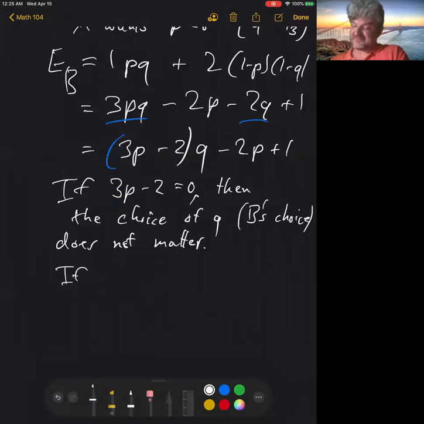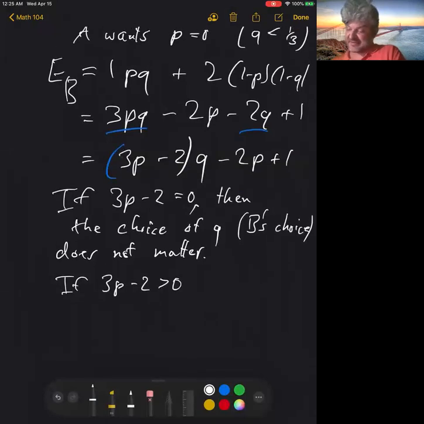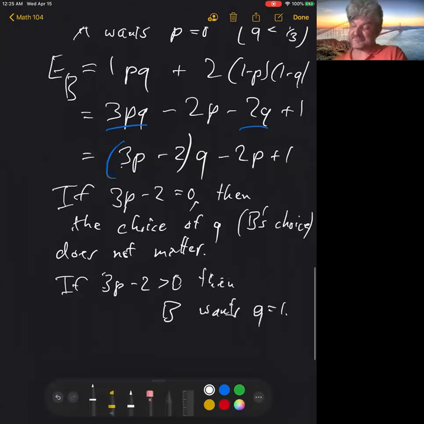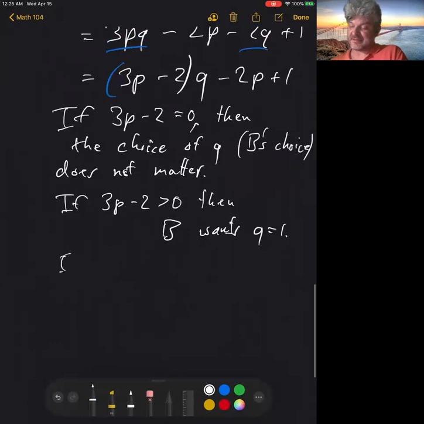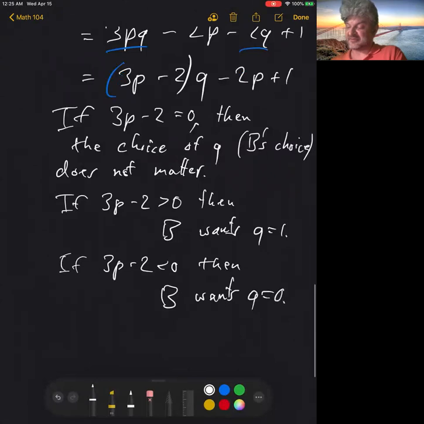And if 3P minus 2 is greater than 0, same kind of deal is happening, then B wants Q is 1. If 3P minus 2 is less than 0, then B wants Q is 0.